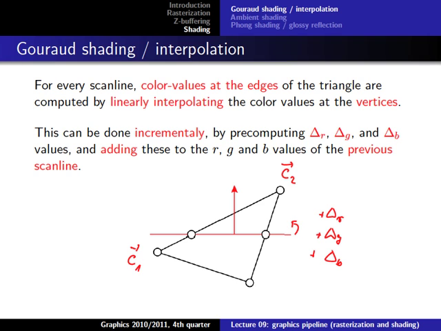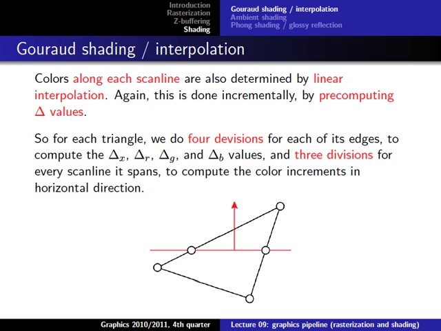We add them to the values before, and that way we can color the edges here. And of course we can also do this in this direction, so we calculate 3 other values, R, G, and B, and add them to this color value until we reach this color value here. So in this case we have a scanline that moves horizontally, along a scanline that normally moves vertically. But I guess you can see this is the very same idea.